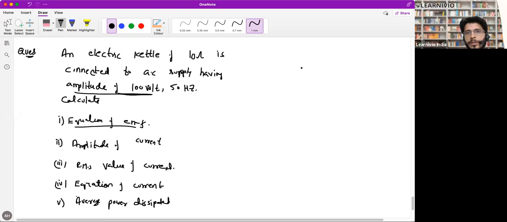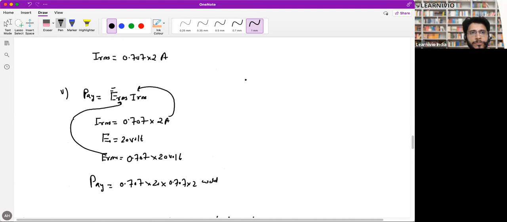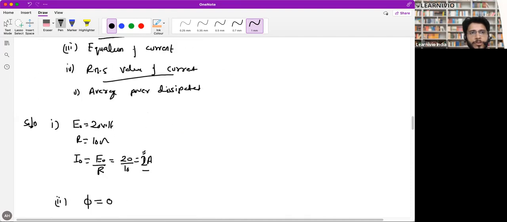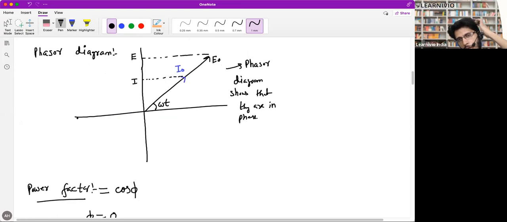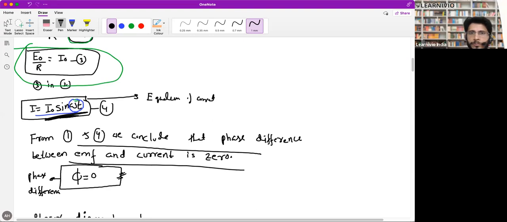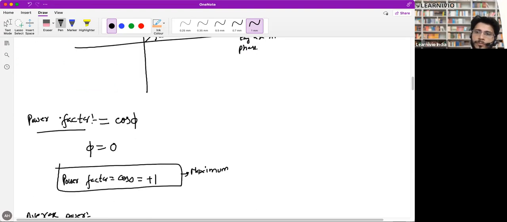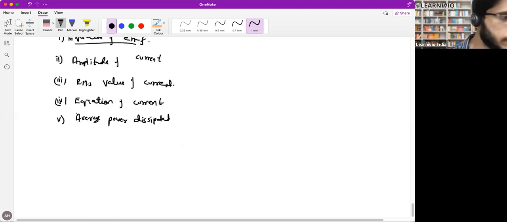See, Sania, this is the equation number 4. This is the equation of current. So find the value of I naught, find the value of omega, and substitute it here. That would be the equation. Yes, Nazira, equation of current is right. Ahmed, yes, peak value is correct.